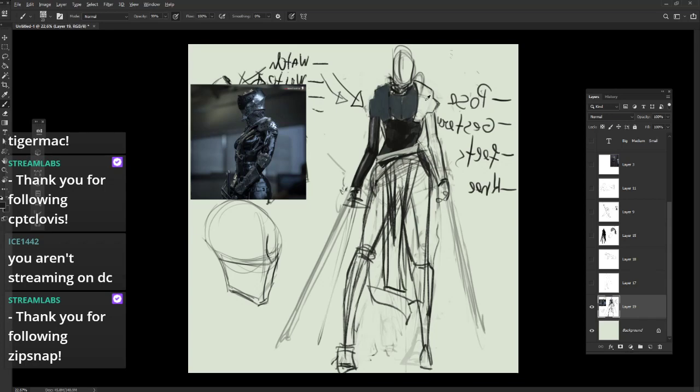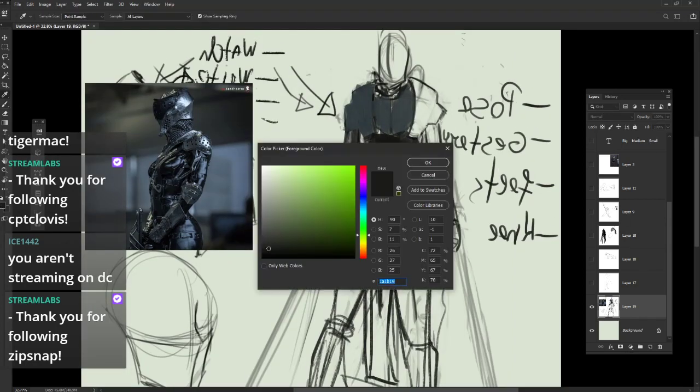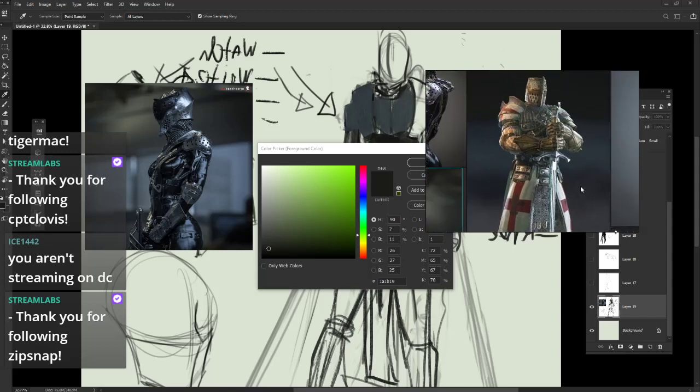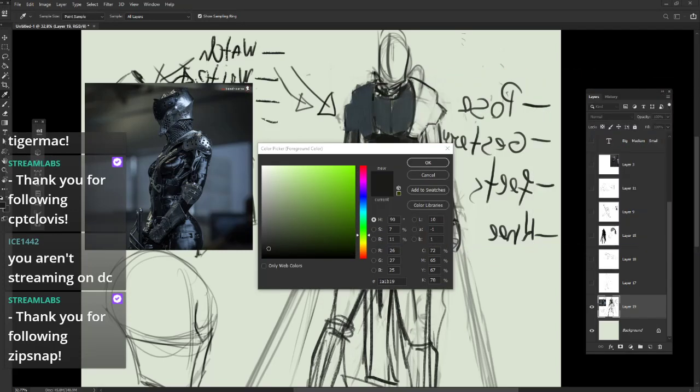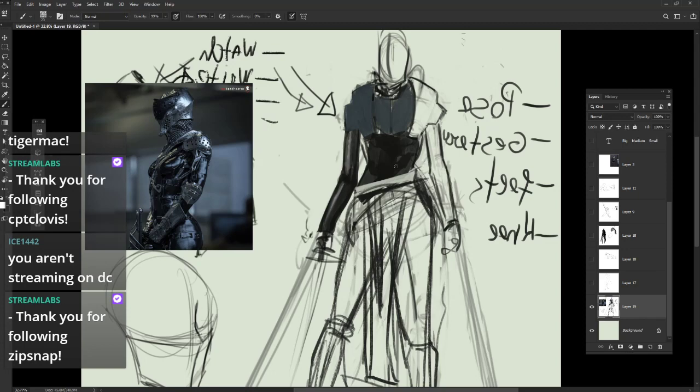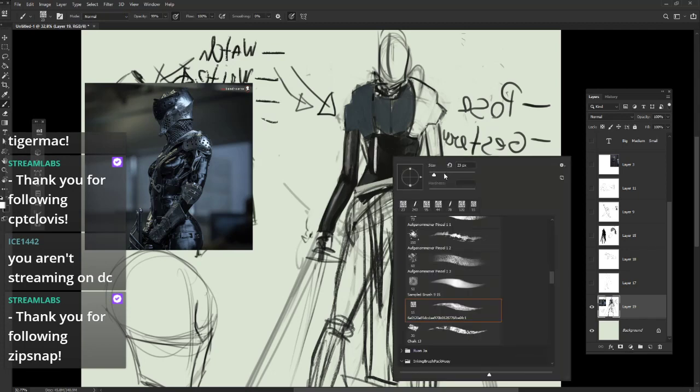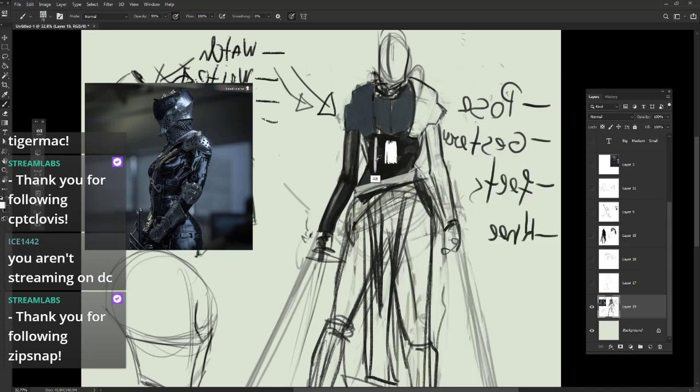I maybe want something white like this knight here. That's one of the reasons why I chose this kind of character. So a white cloth like this could be really nice.